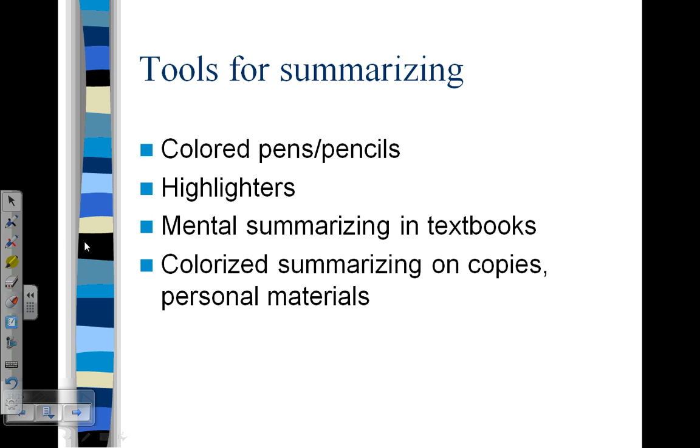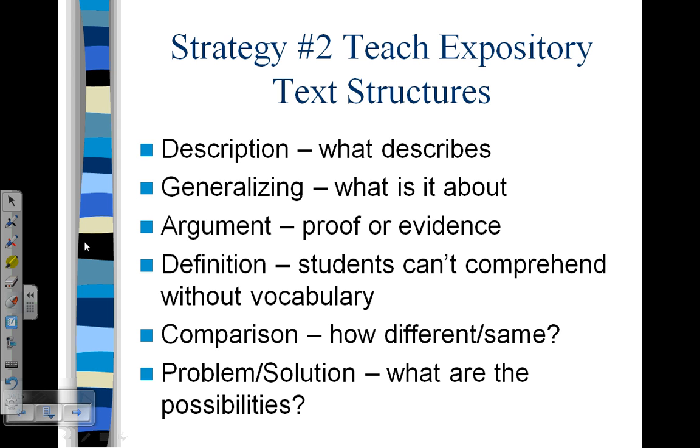The tools for summarizing are also important. Students, when they're not using school-issued texts, need to use colored pens, pencils, highlighters. When they're using school-issued texts, they can do mental summarizing. They can do the things that we just talked about: describing, generalizing, argument, definition, comparison, problem, solution.